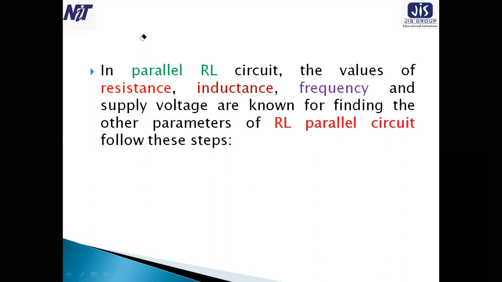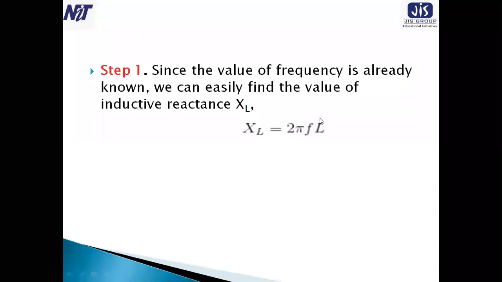Follow these steps. So what is the first step? In step 1, since the value of frequency is already known, we can easily find the value of inductive reactance.